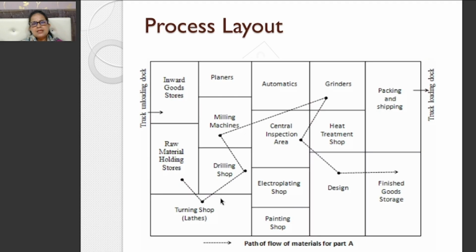As multiple machines are available, we can go for batch production. Multiple products we can produce at the same time, even in parallel operation. So this is called a process layout. Process layout is normally used for batch production. When customized products are there and variety is more, we can go for process layout.